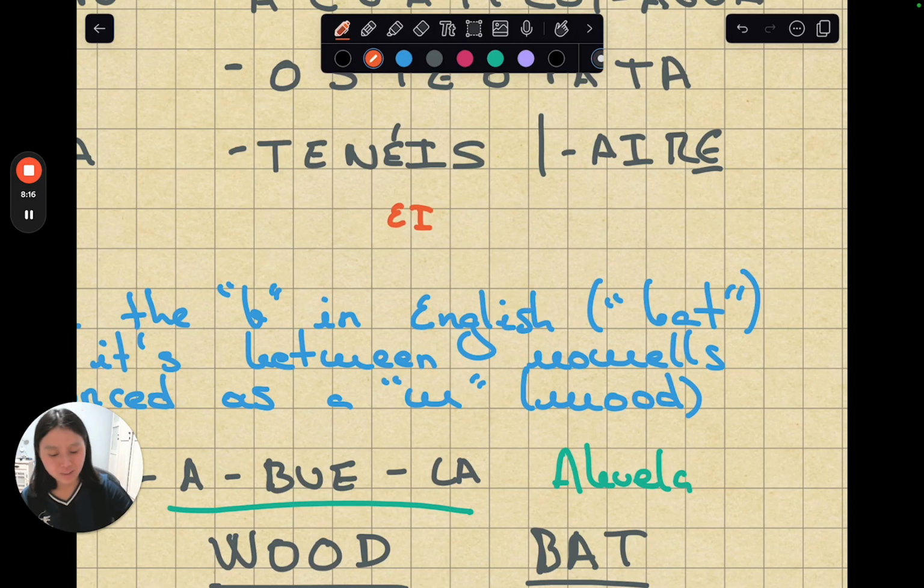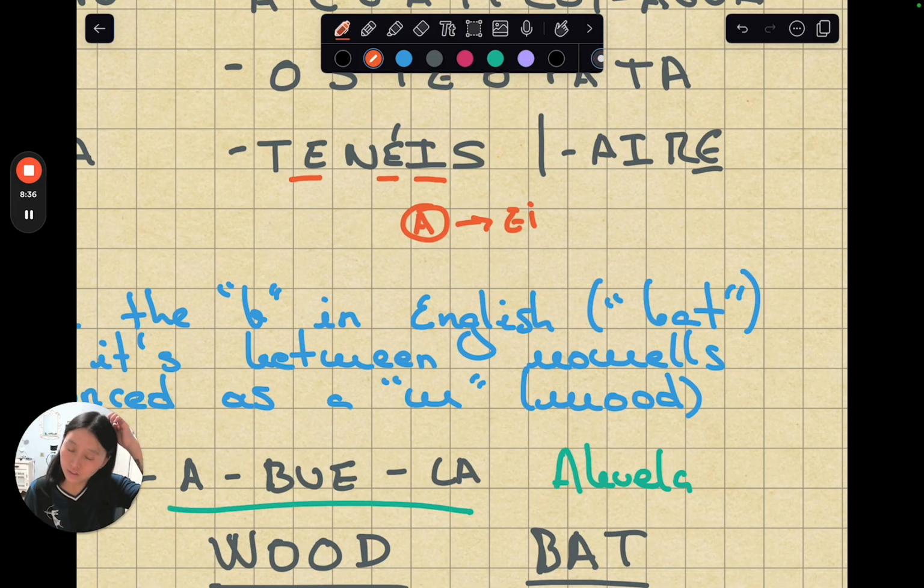But no, it's tenéis. Why? Because it's tenéis. Okay? And the thing is that you do have the A sound in English. The A sound would be this. In Spanish would be this. Tenéis. Again, you have to read in Spanish.